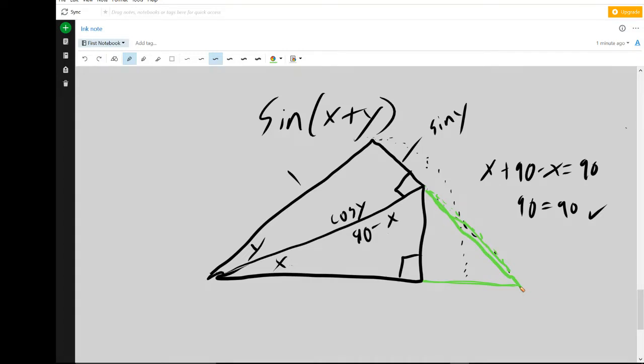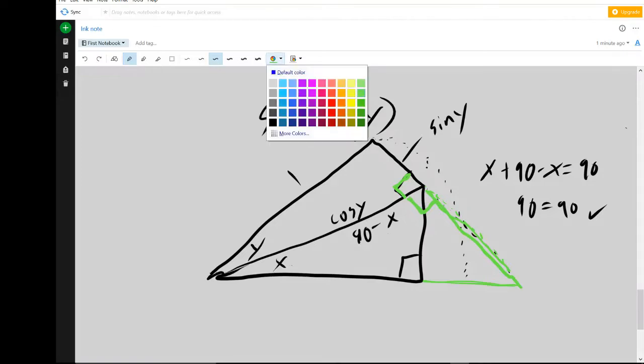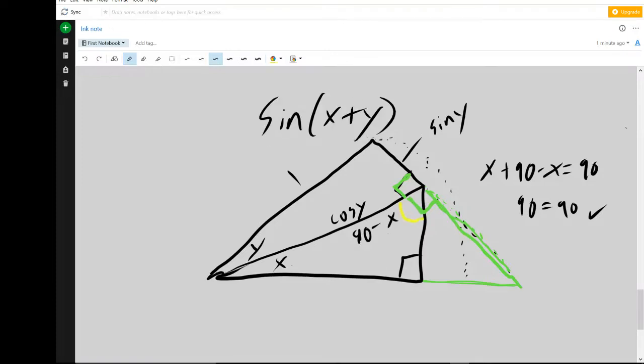When we have this 90-degree angle right here, as we extended this line, this is also a 90-degree angle. With that being said, if this portion is 90 minus x, that means that this portion must be x.